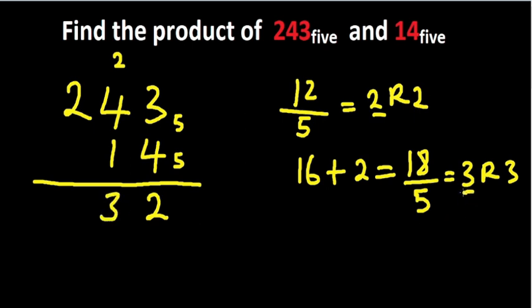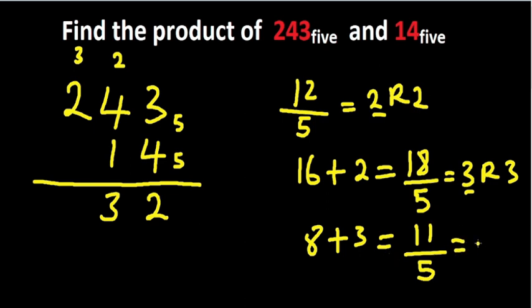Now the dividend, which is this 3, we're going to again place it here so that we will add it to the next operation, which is the last operation. Now 4 times 2 is going to give us 8. So now let's add 8 plus 3 to get 11. Now let's divide 11 by 5 to get the answer in base 5.